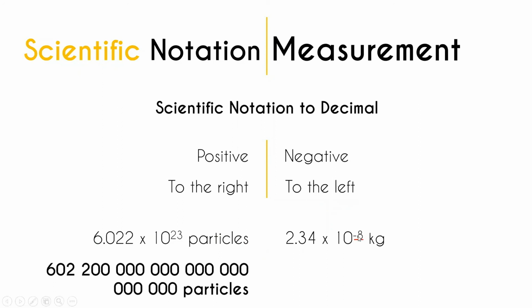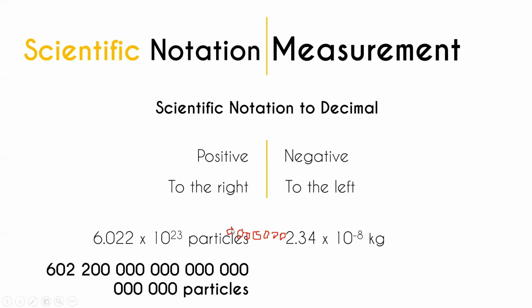So for example, this is 8, negative 8. That means we need to move the decimal point to the left. Ito yung decimal point mo. Ilang number ang nasa left? Isa. Tama? Isang number. So 8 minus 1, 7. So ilang zeros idadagdag mo? 7. So 1, 2, 3, 4, 5, 6, 7.